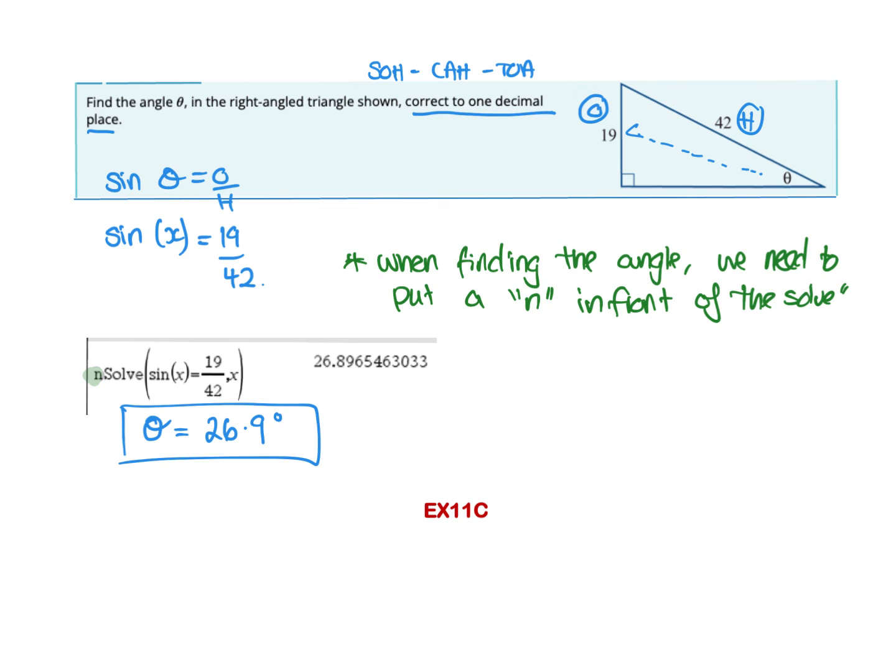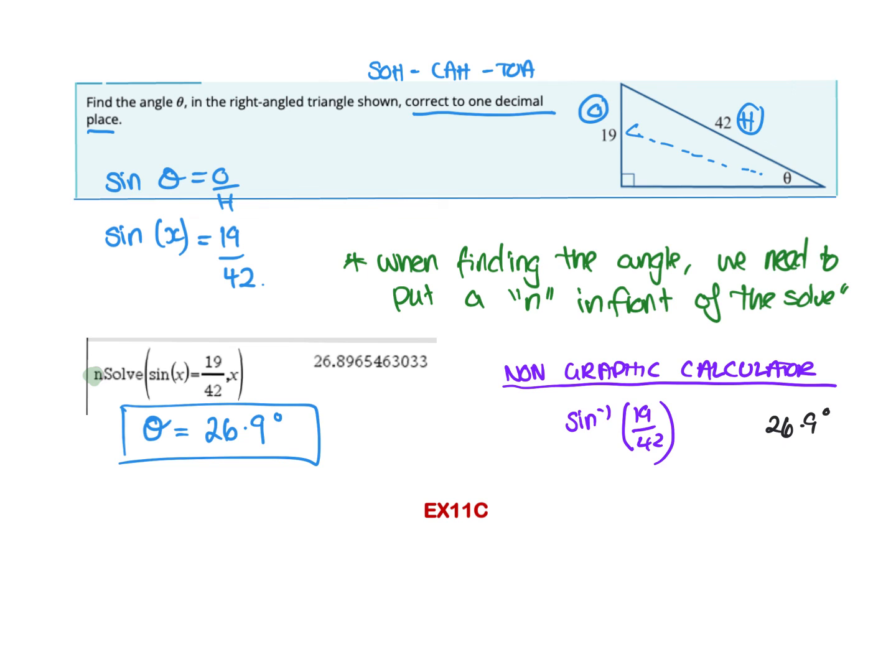If you don't have your graphics calculator, so I might just write on a non-graphic calculator, because sometimes you do get to take in your scientific one. Say your graphics one died out and you needed to just work it out. You can just type in the sine -1 button, and do 19 over 42, and press enter, and you should still get the same answer.